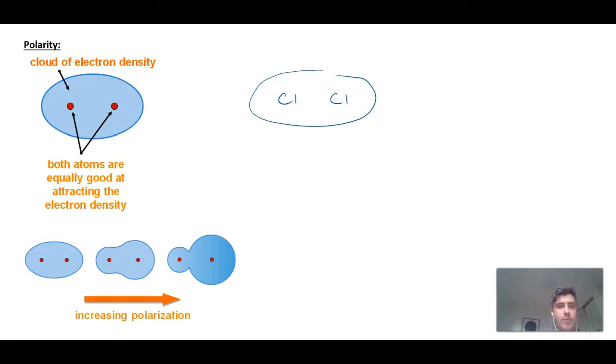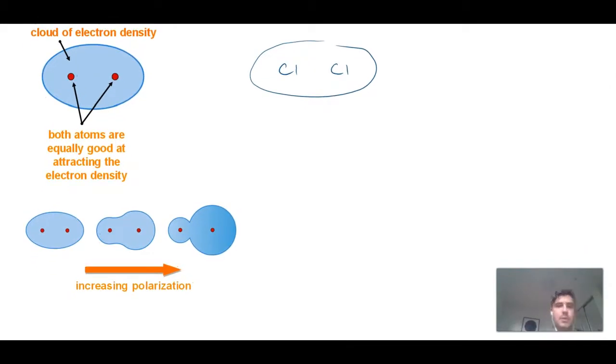When you have differing polarities, this doesn't happen. So if we look at these examples here, the more electronegative atom on the right, which we show by doing a little lowercase delta negative and delta positive, we can see it hogs more of the electron density. And actually, if we increase it even more, we can get to the point where it almost completely separates, and eventually it would become an ionic bond rather than a covalent bond.